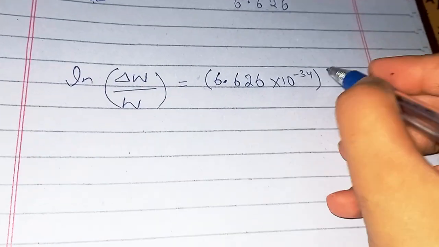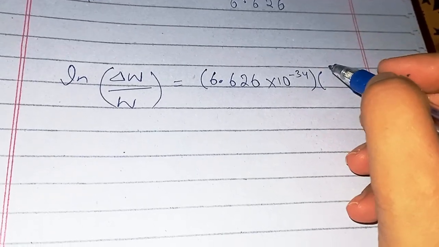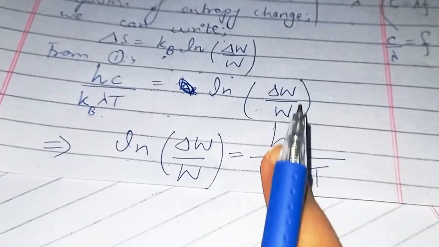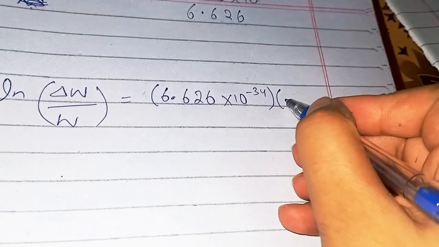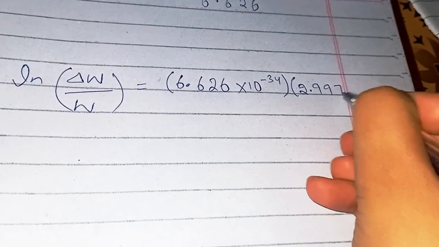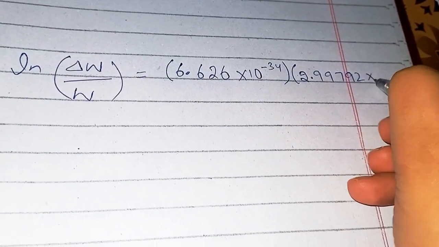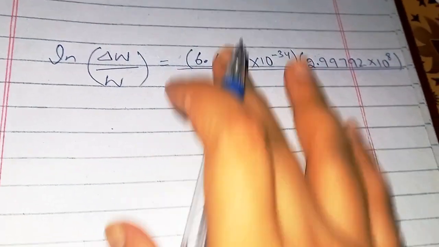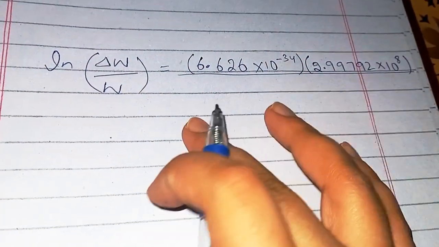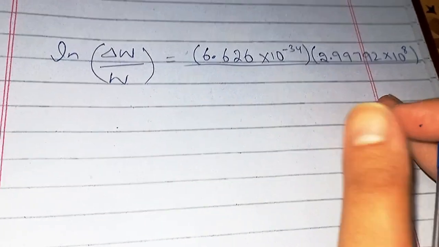Okay, and then we have the speed of light here, which is accurately 2.99792 multiplied by 10 to the power 8. That's the speed of light. You have to use it in order to get the result we are intended to get.